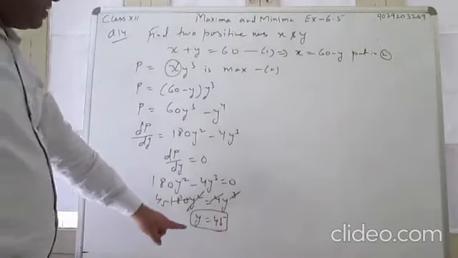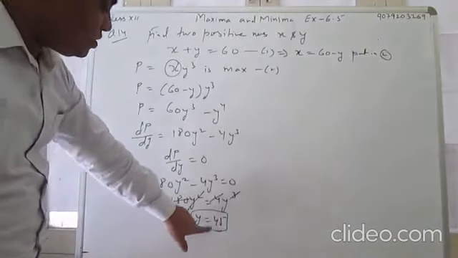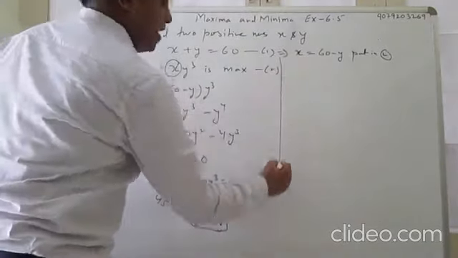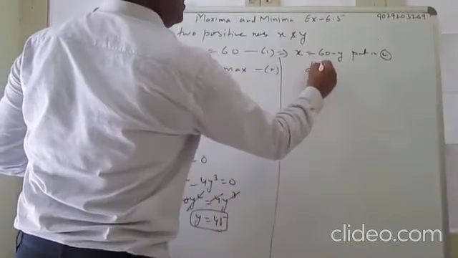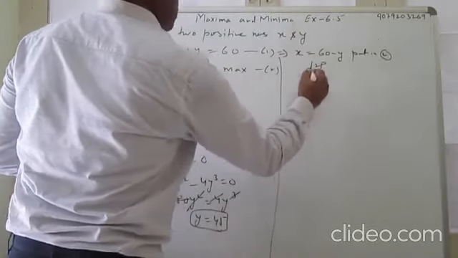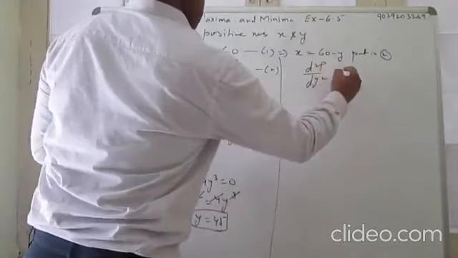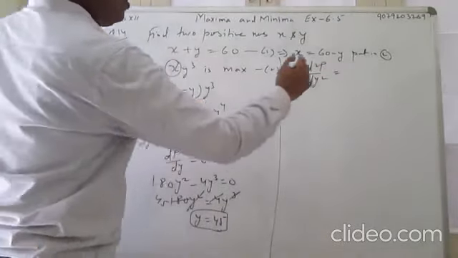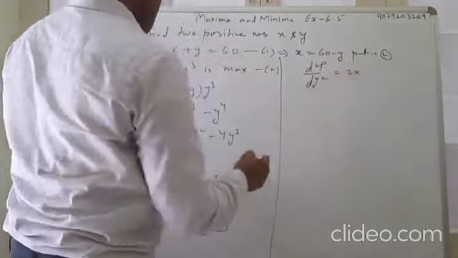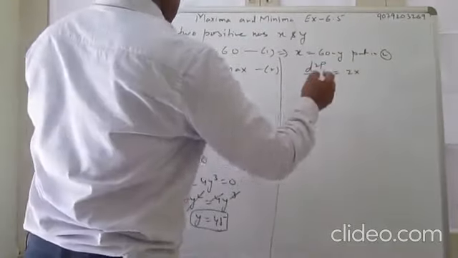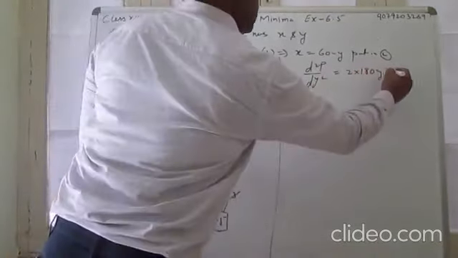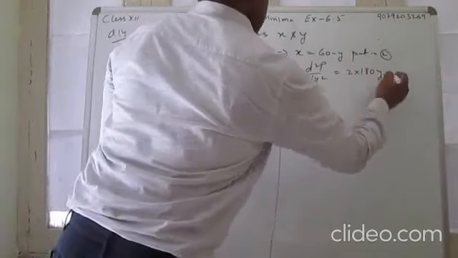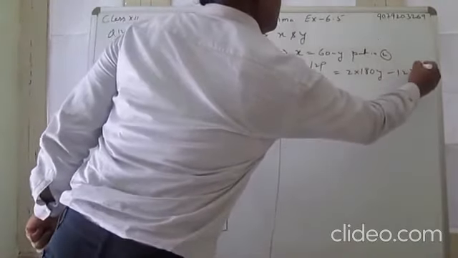So we have to check the double differentiation at y is equal to 45. d2P by dy square is 2 into 180y minus 12y square.